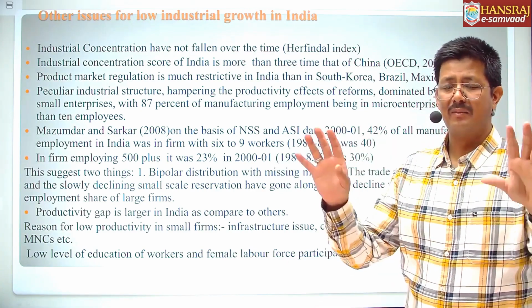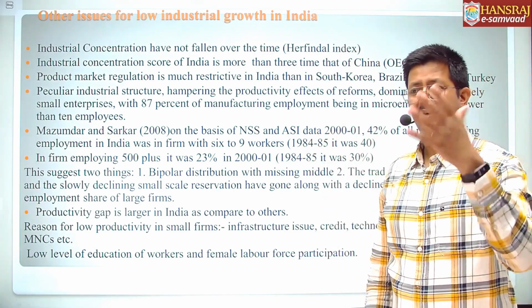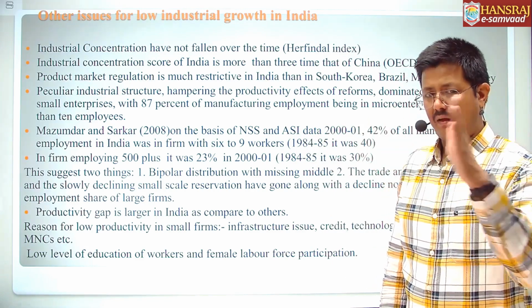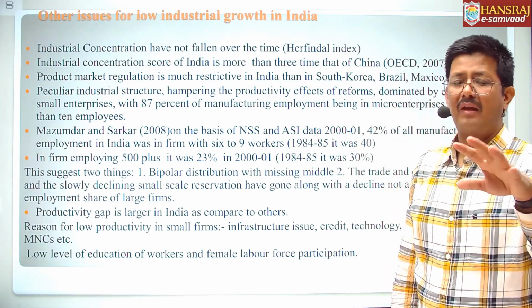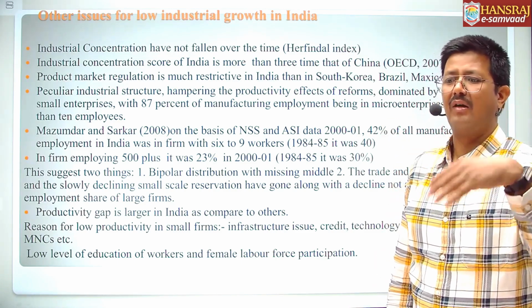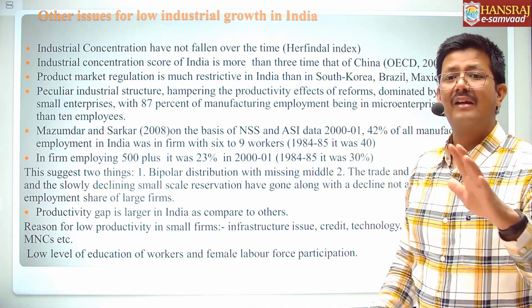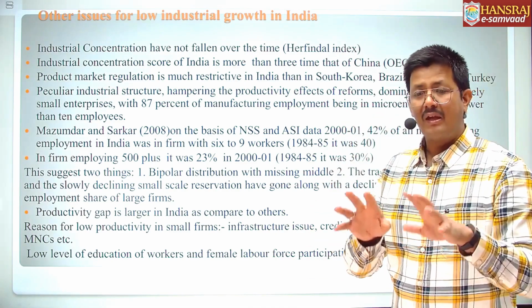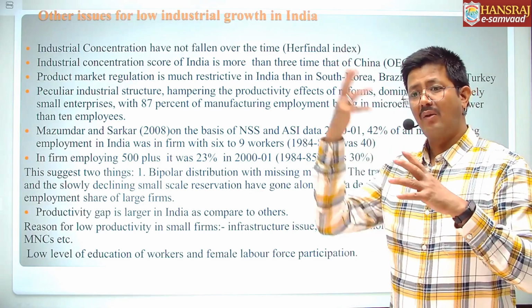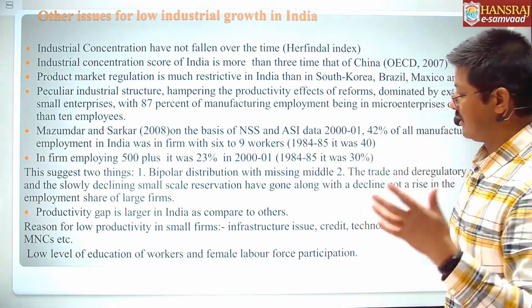The middle is missing. Middle means the manufacturing units employing 100 or more than 100 workers, near 100, 200, or 50 to 100. That is hugely missing in the case of India, and it is not in the Southeast Asian countries.